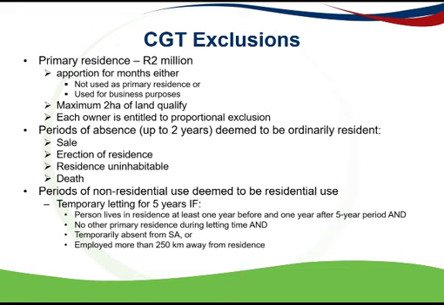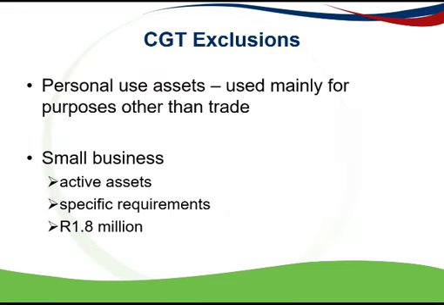So this is looking at a very specific situation where the person's forced to go somewhere, probably for employment purposes. They let out their primary residence, they don't have another primary residence, and then it's deemed to be part of the residential use of the asset. So no apportionment of the 2 million rand needs to take place.